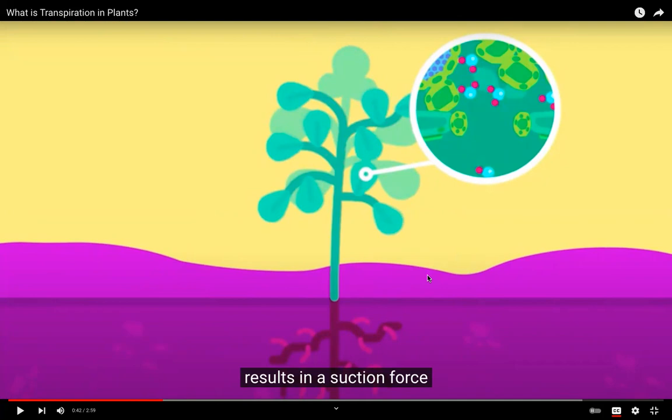So there will be a continuous flow. When you suck and stop for a while, you can see it will spill, right? Water will come out and spill here and there. That is due to this suction force.